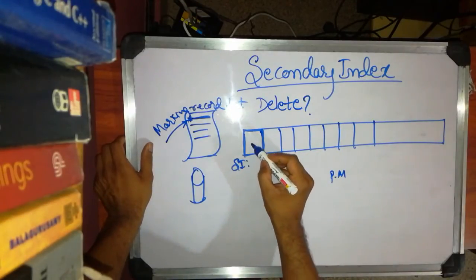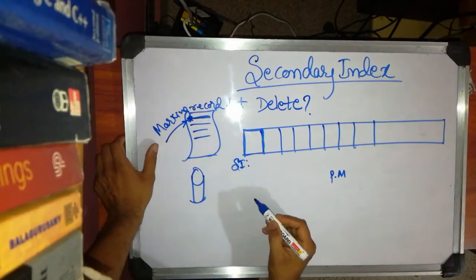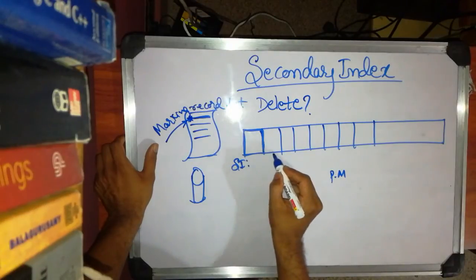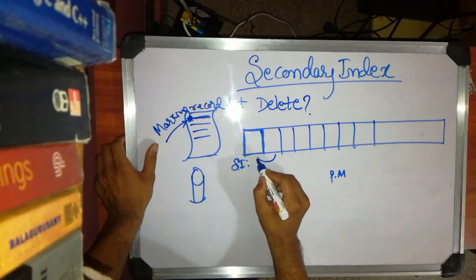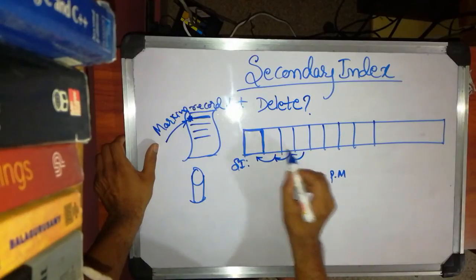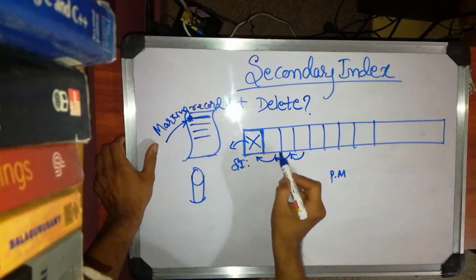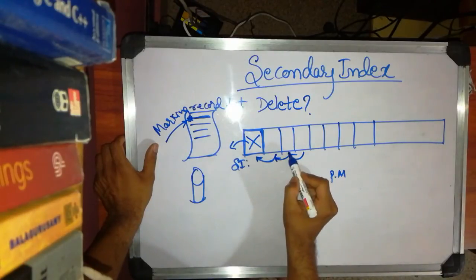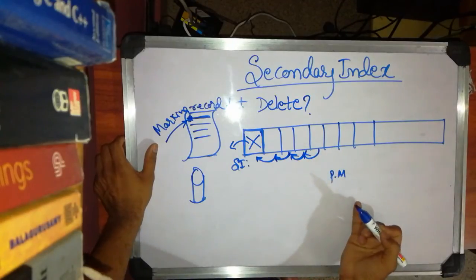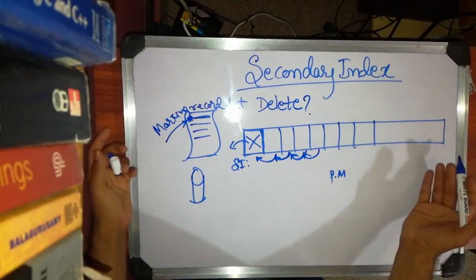The moment we mark that as deleted in the file, you come to the index and then shift all the other entries one step ahead. Whatever was there got deleted, and then we shift every other entry in the index one step ahead, right? So this is how we are going to maintain the secondary index after deletion.